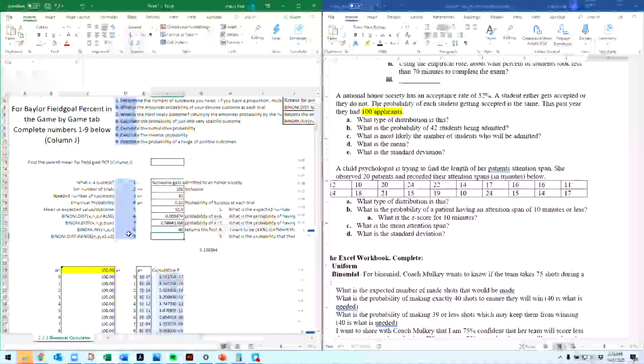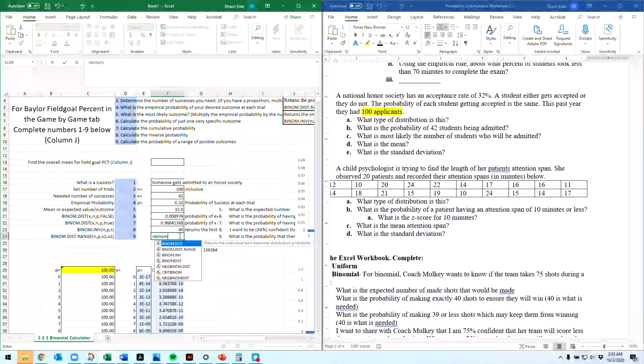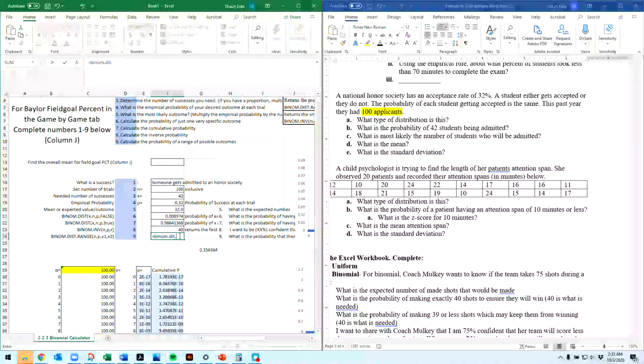And then last but not least, what is the probability that between x and y gets accepted? So we do equals binom.dist.range, and then we're going to put the number of observations, which is going to be 100. Oh, there's a space there, that's why it's not popping up.